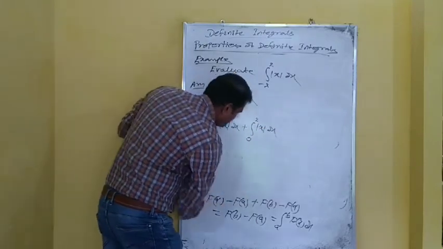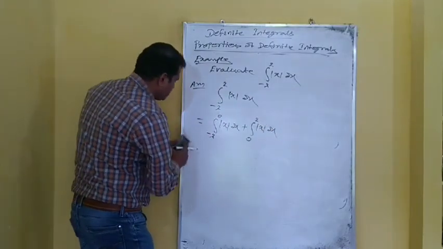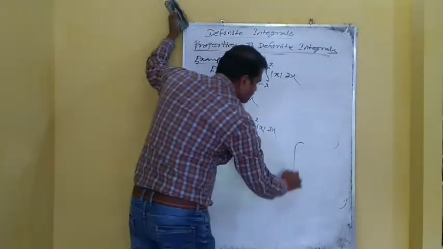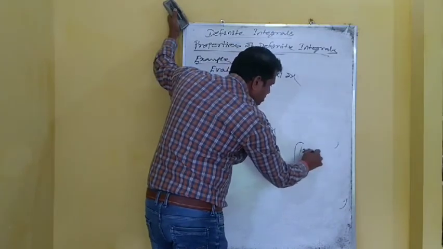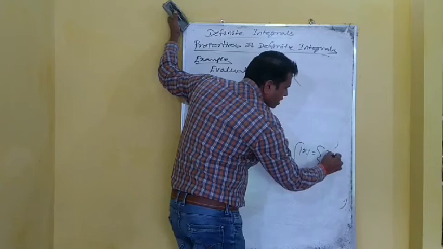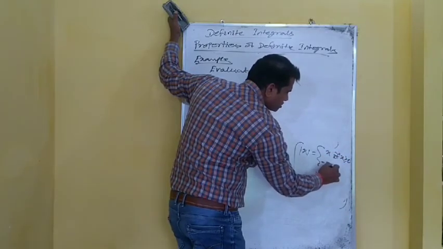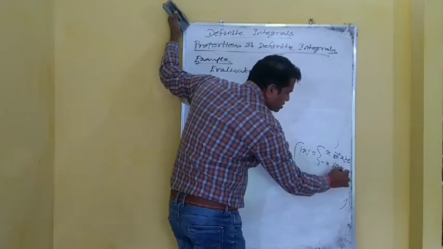You know from the definition of mod x, that it equals x if x is greater than or equal to 0, and minus x if x is less than 0.